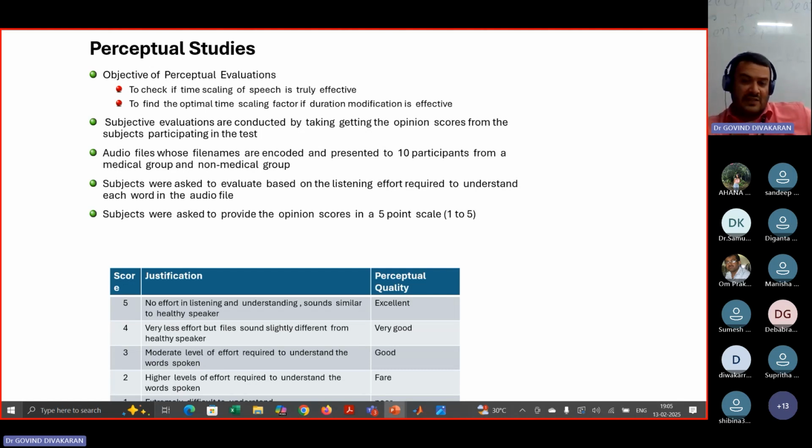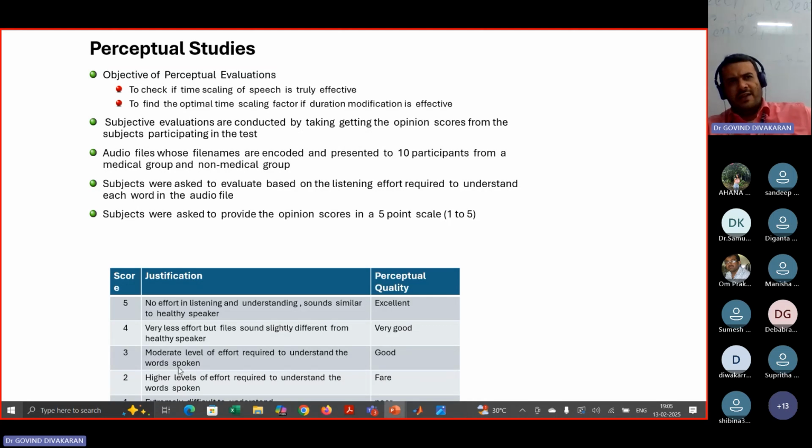These are the scales that we have given to them. If it is clear, and you can understand what is being said without any effort, just like a normal healthy speaker, then you provide a score of 5. If it is less than that, you can provide a score of 4.